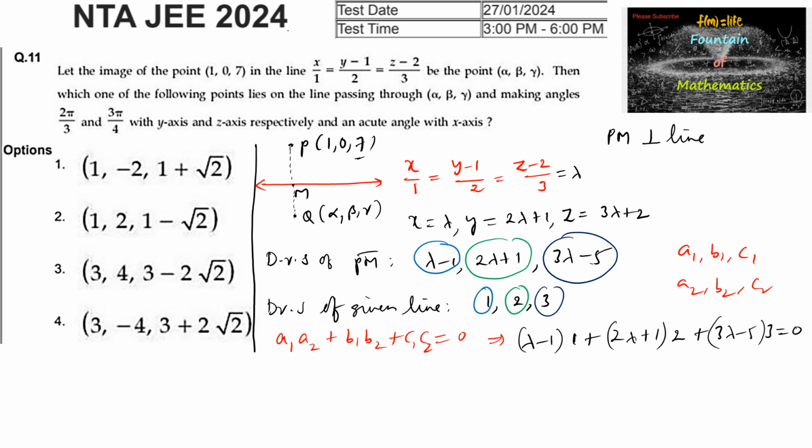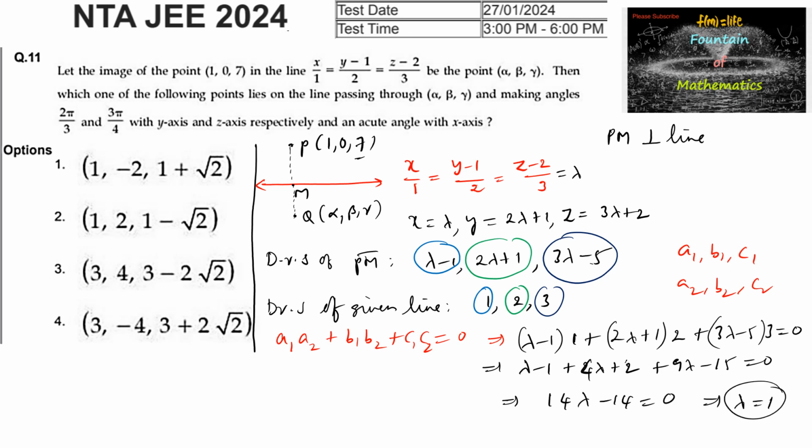is equal to 0. Upon simplifying, we'll get lambda minus 1 plus 4 lambda plus 2 plus 9 lambda minus 15 is equal to 0. So we get 9 lambda plus 4 lambda plus lambda, that is 14 lambda, and 2 minus 15 minus 1, that is minus 14, is equal to 0, which implies lambda is equal to 1.